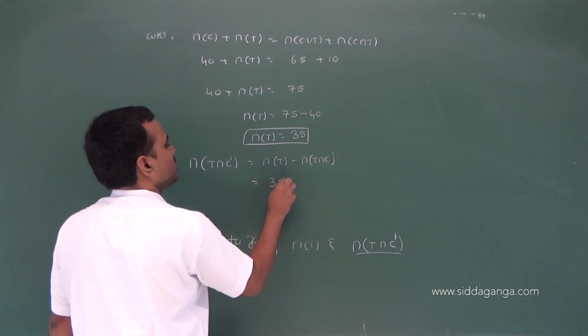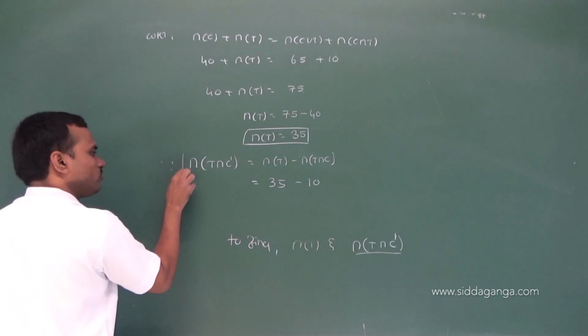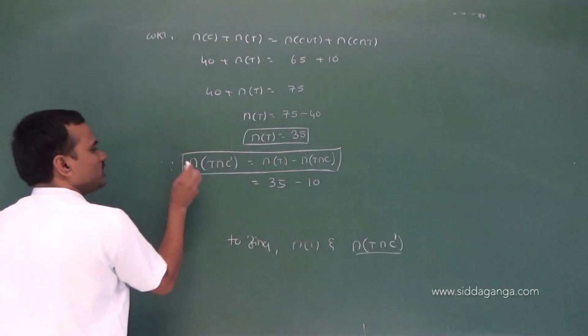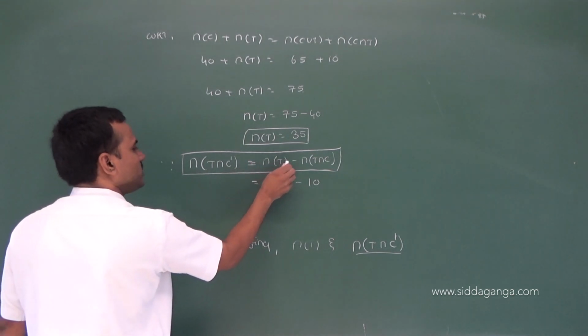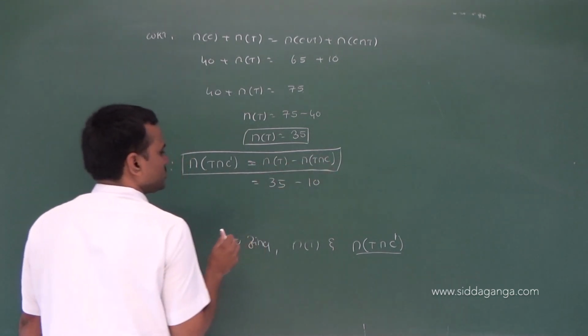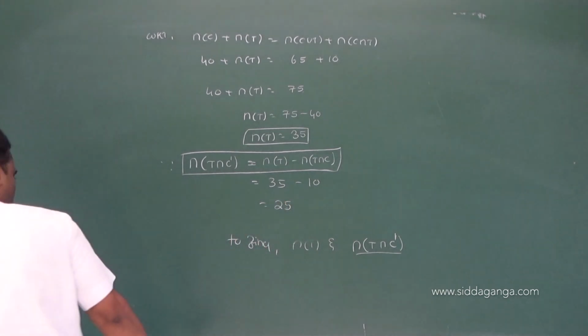That means 35 minus 10. This is also one formula. So it is 25.